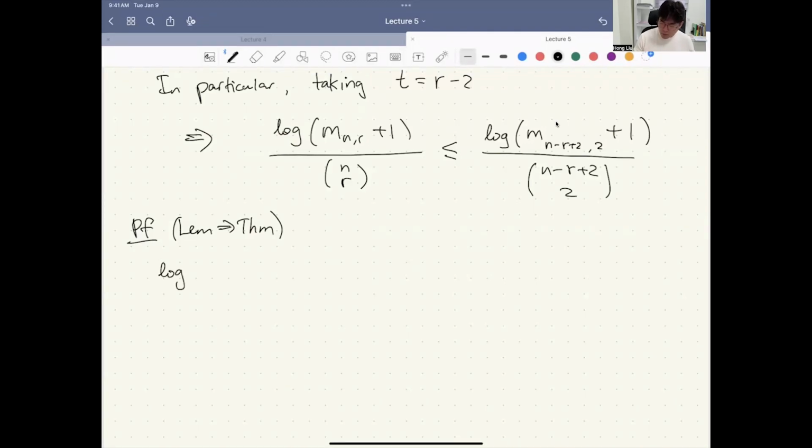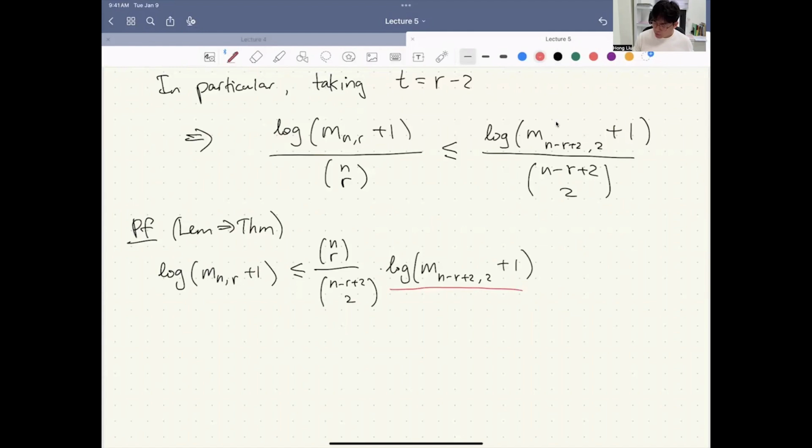So by this lemma, we know log Mnr plus 1 is at most n over r, you just move it to the other side, times log of M(n minus r plus 2, 2) plus 1. And by the claim, we can upper bound the number of rank 2 matroids by n to the n.